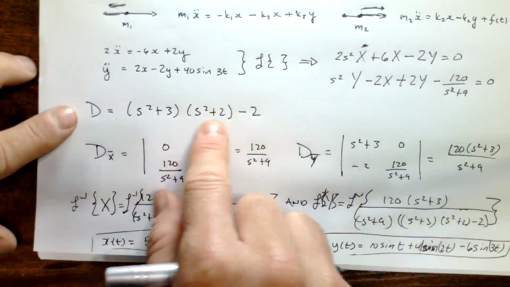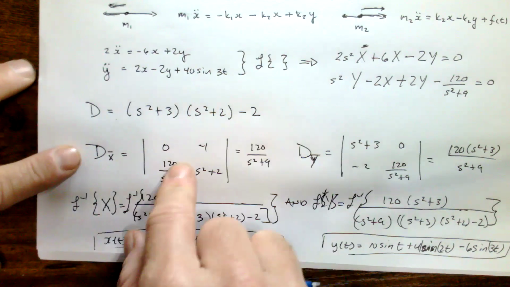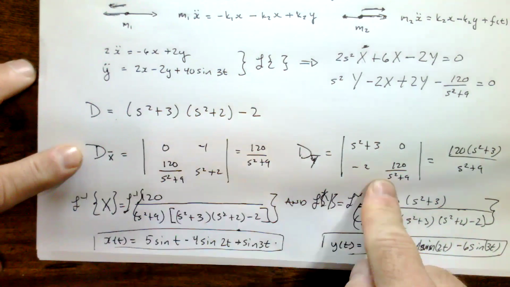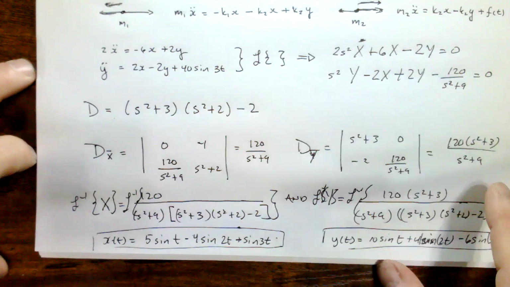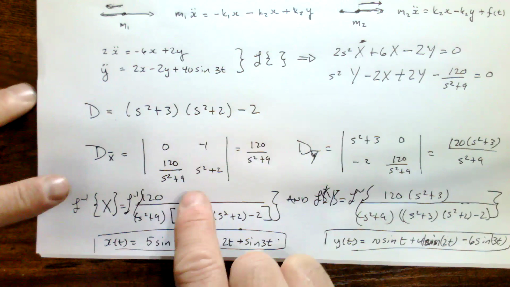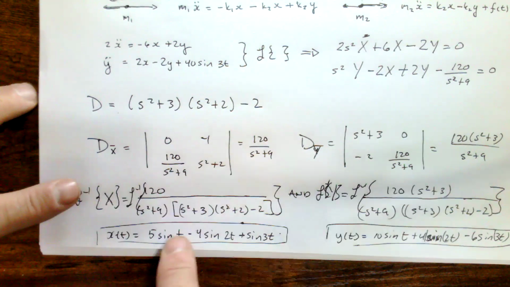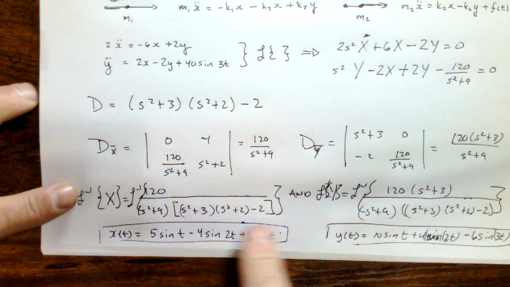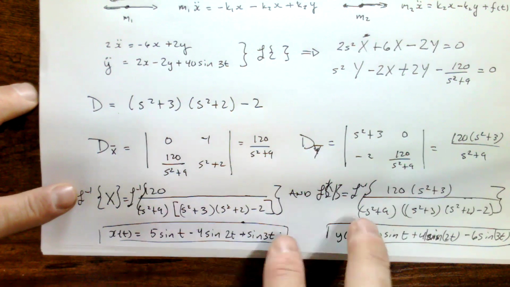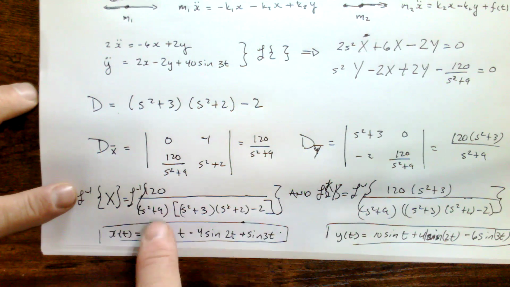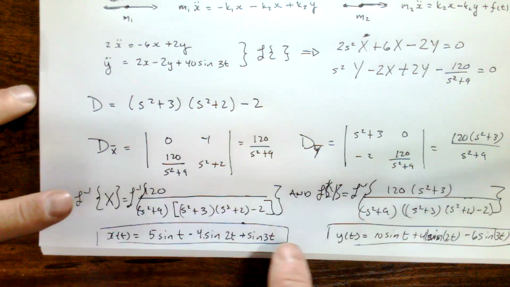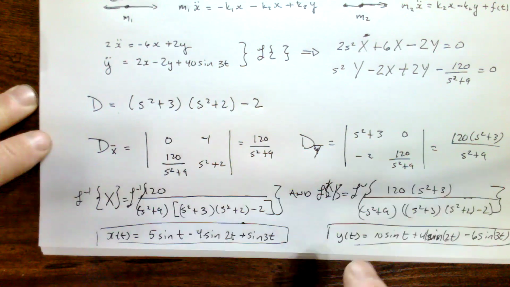We found D, and then we used Cramer's rule to isolate both X and Y. Then we used Maxima to take the inverse Laplace transform of both sides, giving us our equations of position with respect to the x and y coordinates.